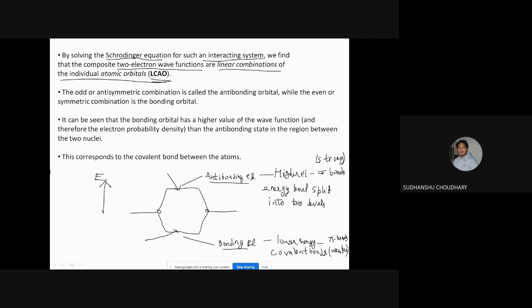So it can be seen that this anti-bonding energy level or orbital has a higher value of wave function, and therefore it has a higher probability density, that is, the probability of finding an electron is high in this region, right? So the electron probability density, or the probability of finding an electron in this anti-bonding level, is high, right?